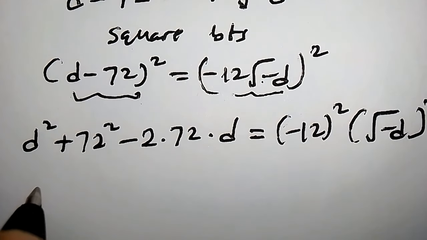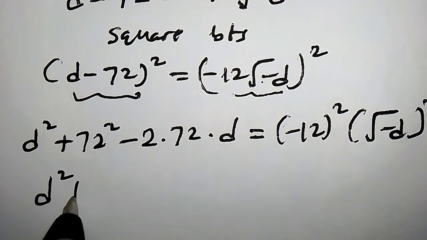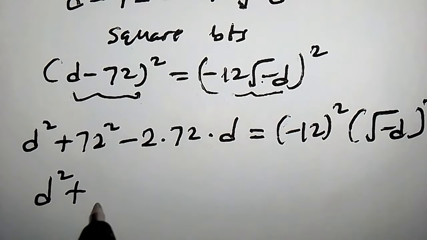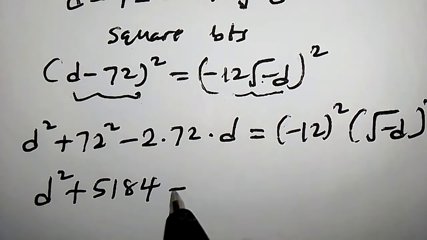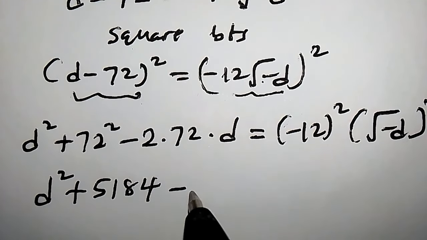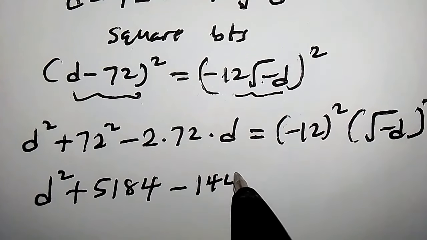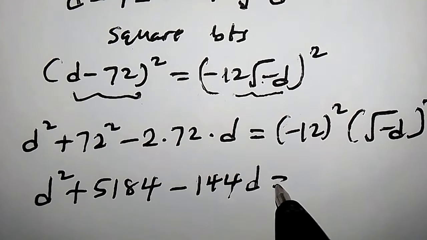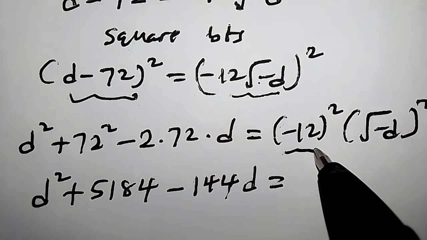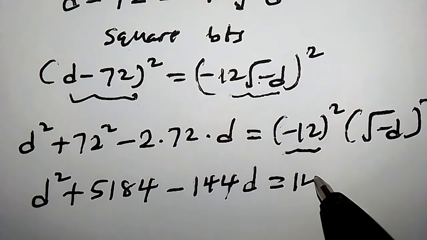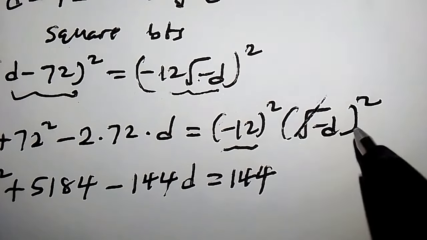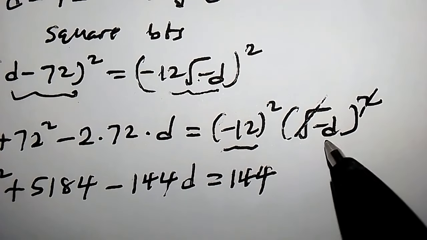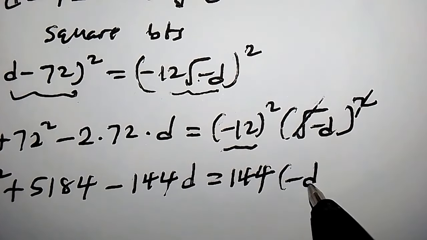So d squared plus, what is 72 squared? That is 5184 minus 2 times 72, that is 144d equal to minus 12 all squared is simply 144. Now, this bigger square root will take care of this power. We are left with negative d.